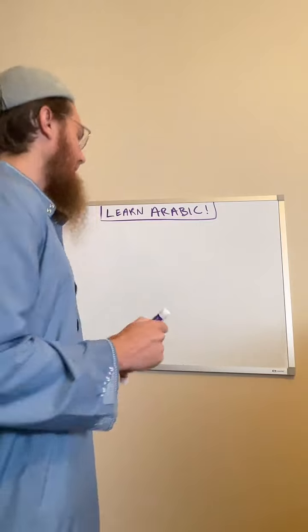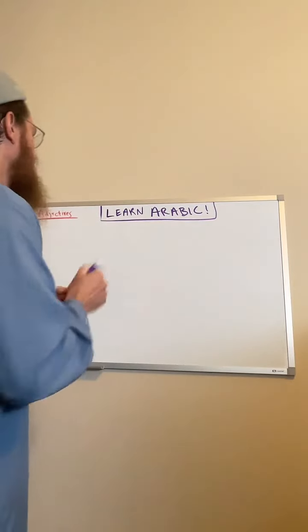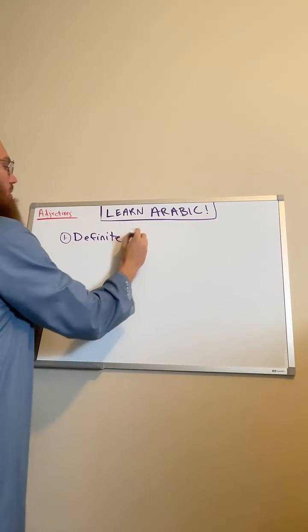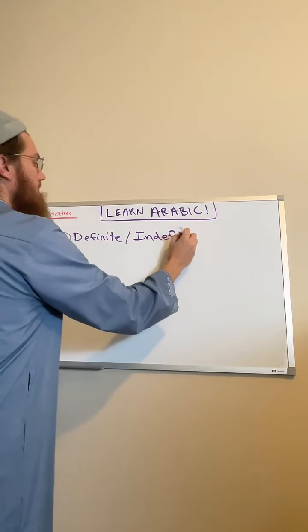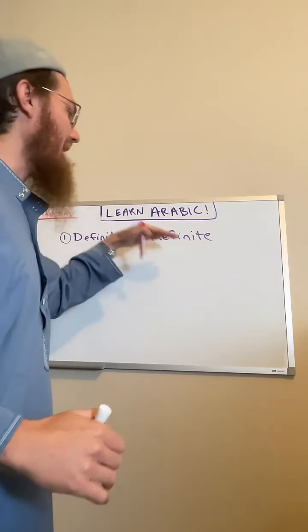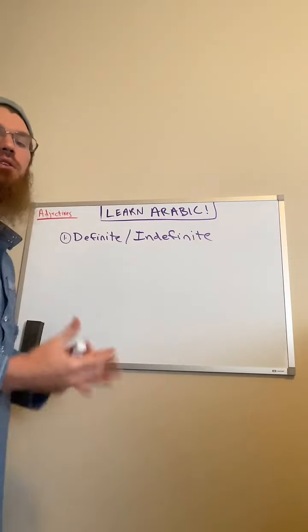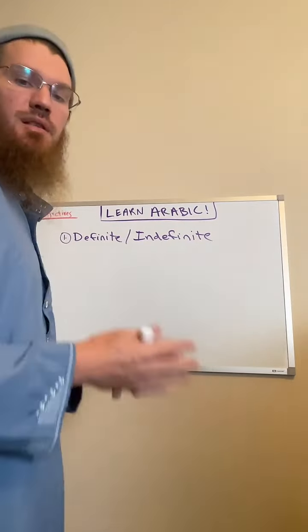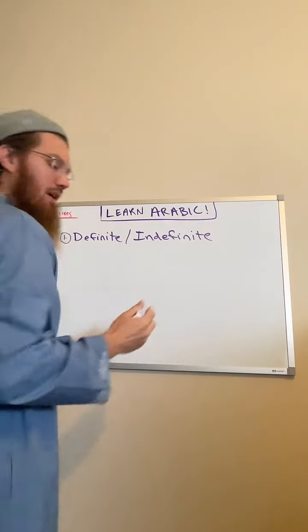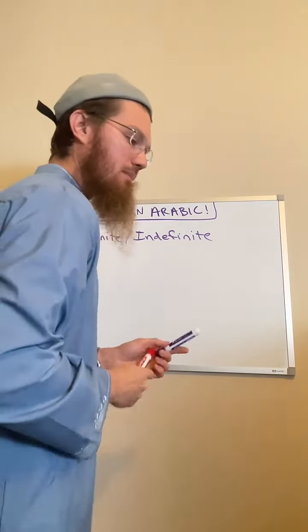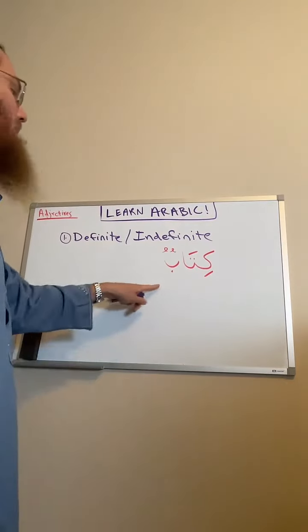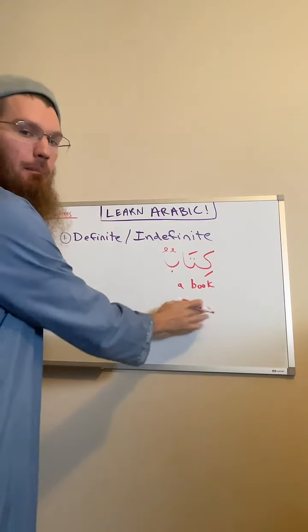So we said that the first thing it has to agree with is whether or not it is definite or indefinite. So what we're talking about is the adjective matching what it's describing. Okay, there's a continuity in Arabic, which is beautiful, it's eloquent. So, for example, let's say that we want to describe a book. Kitabun means a book.